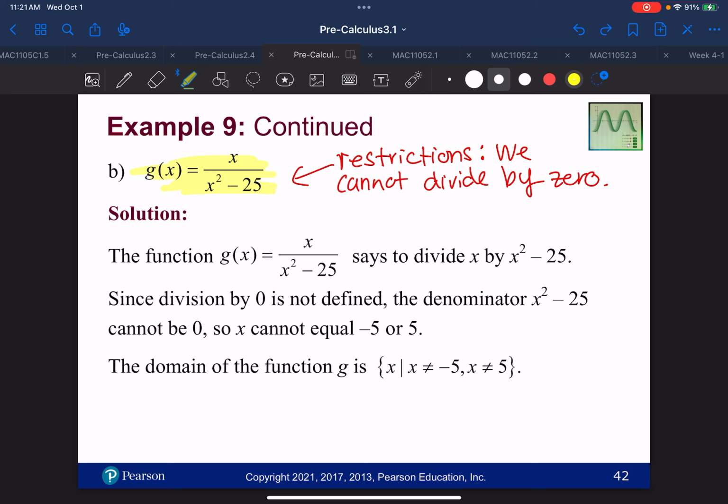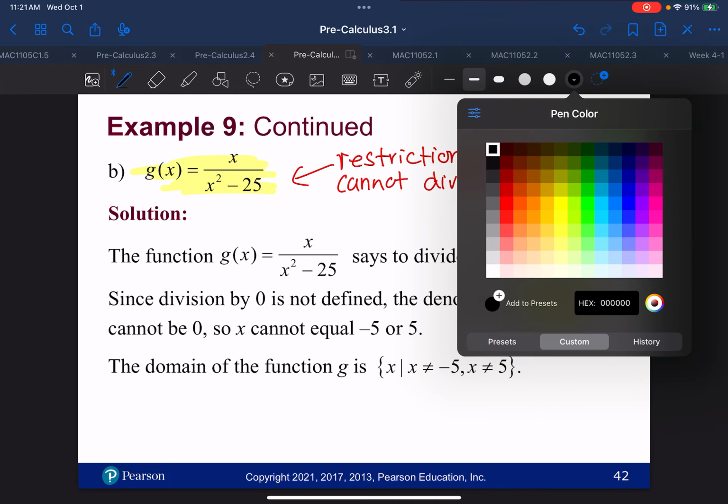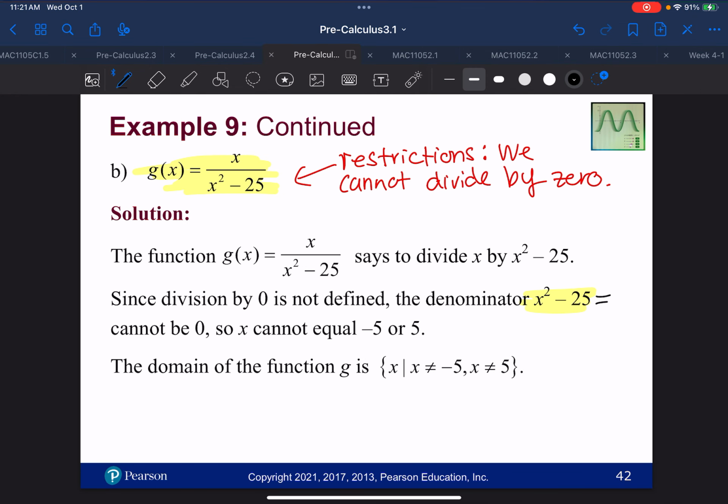So therefore, we can set x squared minus 25 equal to 0 and solve for x. And this will factor to x plus 5 times x minus 5 equals 0. So x cannot be negative 5 or 5.